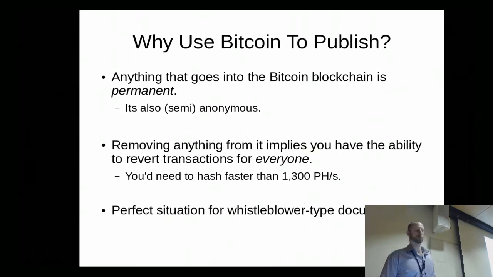That's just a massive amount of computing power, so it's very unlikely that anybody else has that amount of power. So this is the perfect situation for whistleblower type documents. If you could figure out a way to put data into the Bitcoin blockchain, which is the transaction log, those documents are going to be there, available to everybody, and they're going to be there forever.